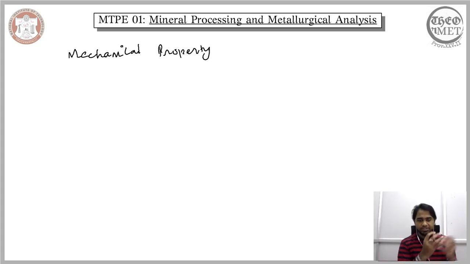So whatever we saw, that is the density that is relevant to us for mineral processing, is a physical property, because it depends on the physical feature of how the entities in a mineral are arranged. Now, the next set of properties that we will be considering is the mechanical properties.